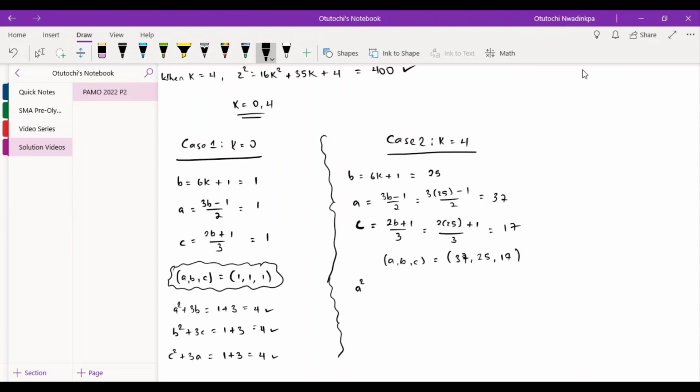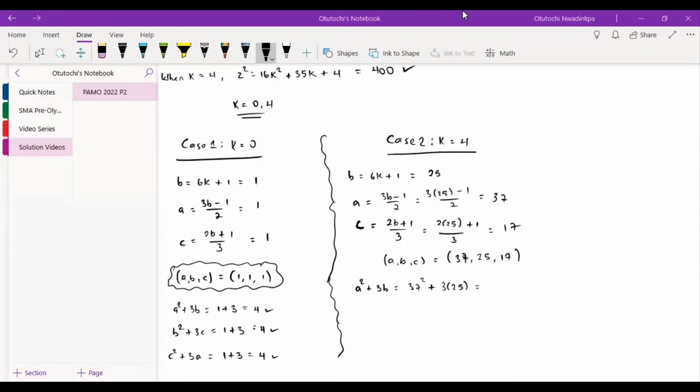So a squared plus 3b is equal to 37 squared plus 3 times 25. Now 37 squared is 1369, plus 3 times 25 is 75.